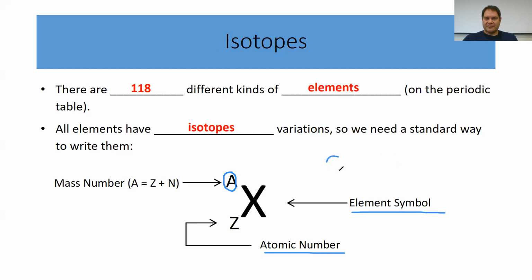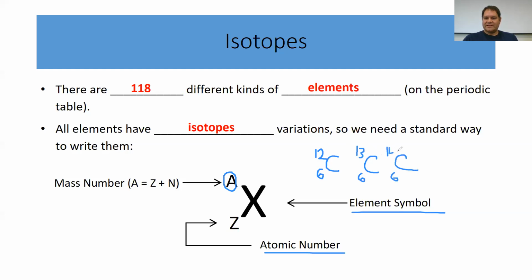Okay, so let's look at those 3 isotopes of carbon now. So we have what? Carbon with 6 protons and 6 neutrons, so we have carbon-12, and then we have carbon-13, and then finally the least abundant, carbon-14.